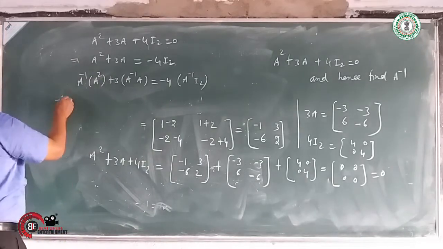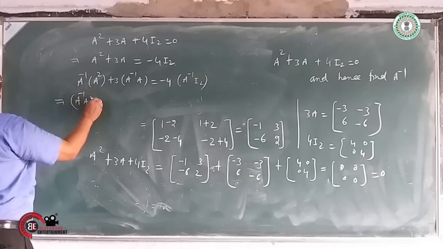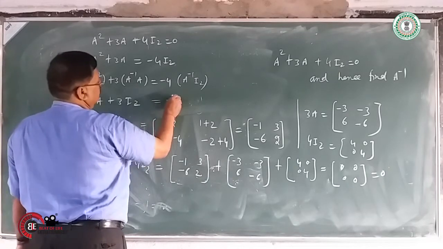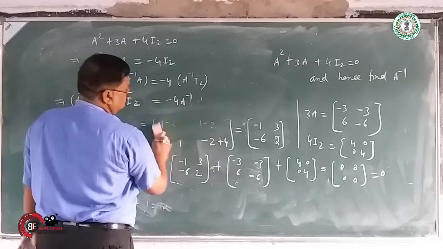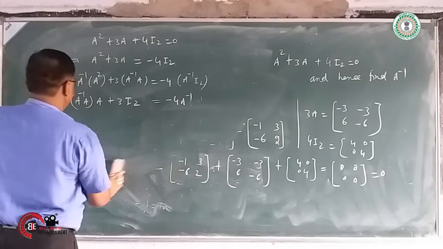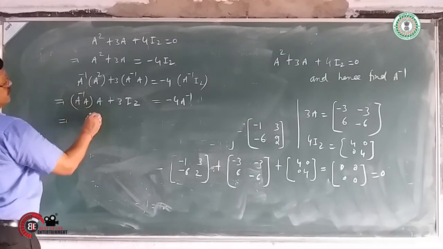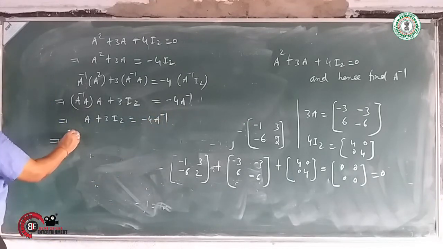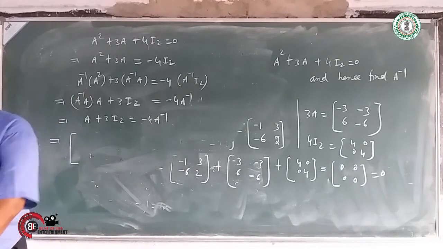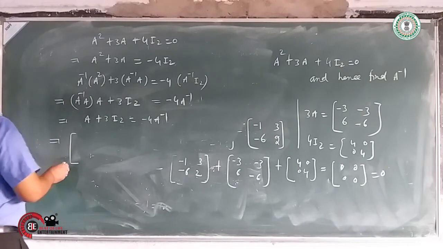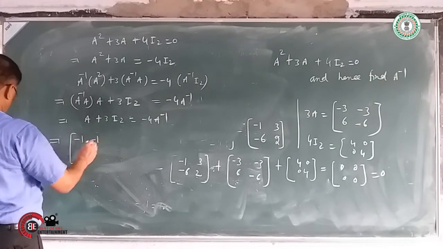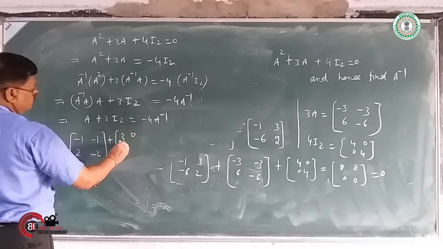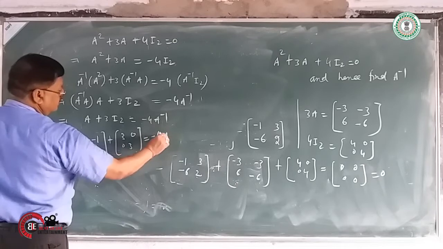So A inverse into A is I, so we get A plus 3I2 plus 4A inverse. The matrix A is [-1 1; 2 -2] and 3I2 is [3 0; 0 3], plus 4A inverse.